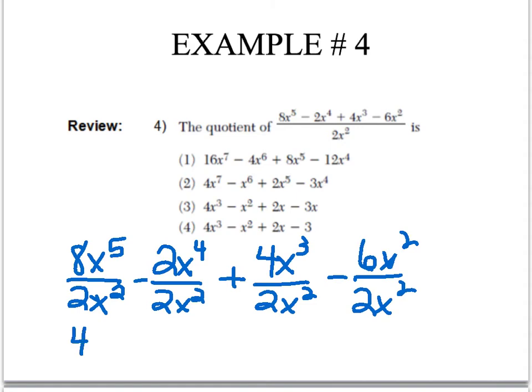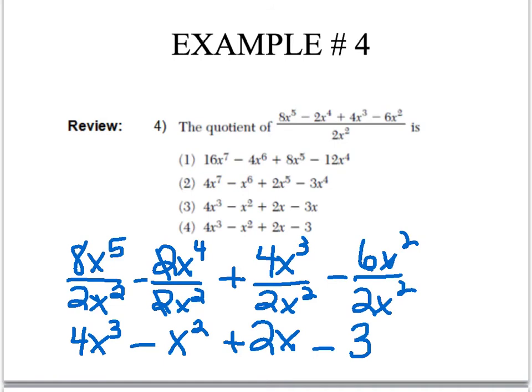So here I have 4x to the 3rd minus x squared, because 2 divided by 2 is 1, plus 2x to the first, which I don't have to write the first, minus 3, and then this would be x to the 0, and that's just 1. So the answer that I am looking for is choice 4.